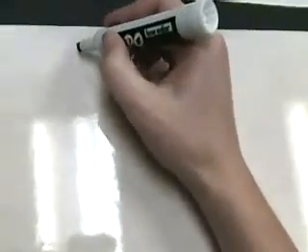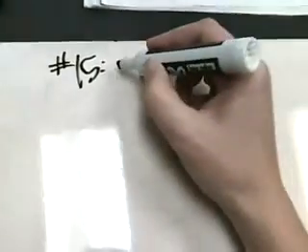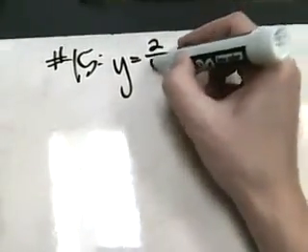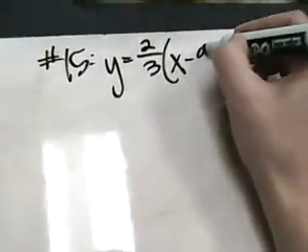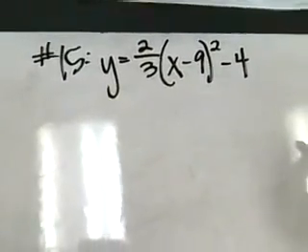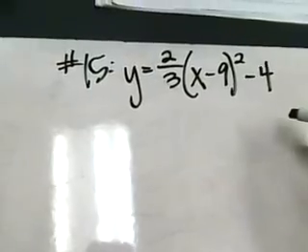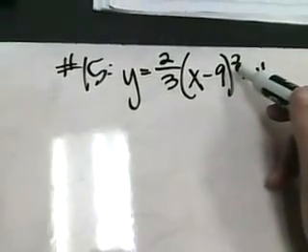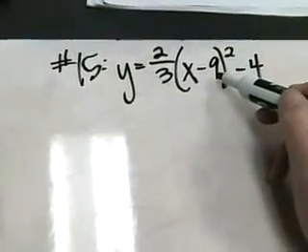Okay, now let's try another one from vertex form. Let's go number 15. So we do another fraction. Y equals 2/3 (x minus 9) quantity squared, minus 4. So they're making us go from vertex form again. Remember, this does not mean just square the x and square the 9.